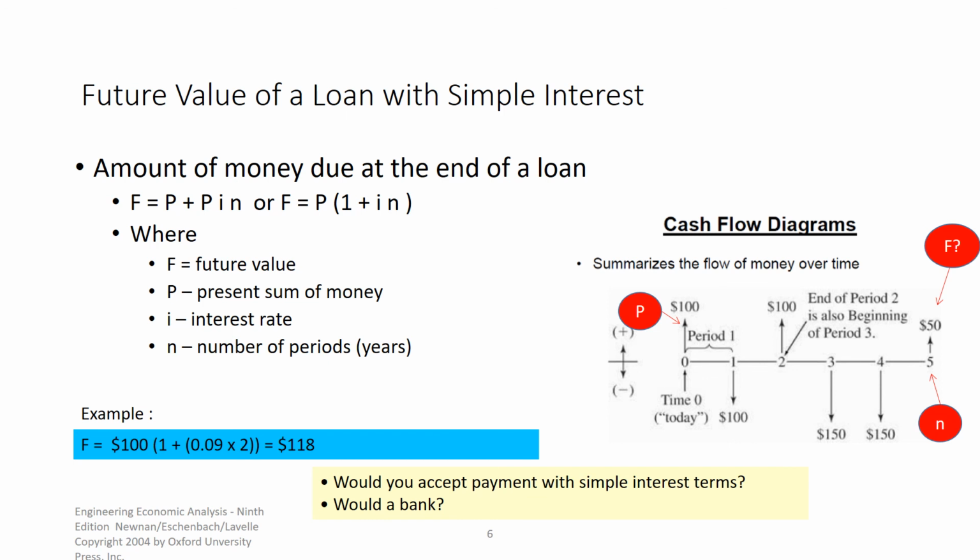If we compare our future value to our cash flow diagram, our present P is 100 ringgit and our F is unknown. After we calculate at N years, we will see that our money becomes 118 ringgit.